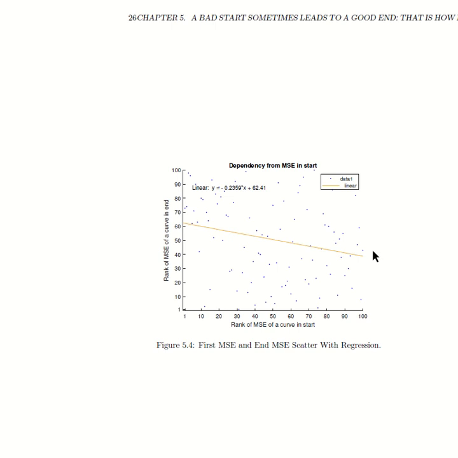The linear regression shows a negative dependency of MSE on the start.